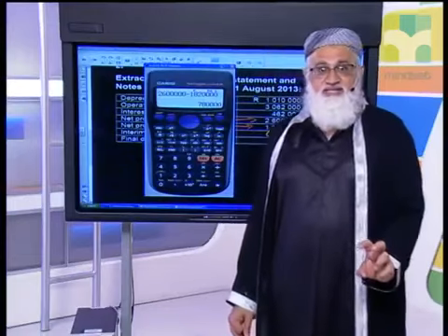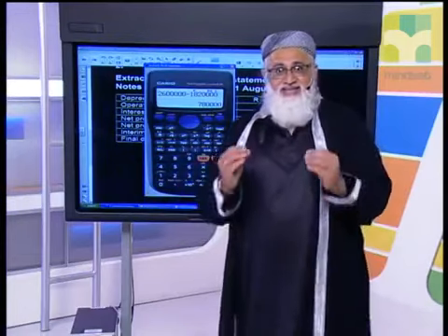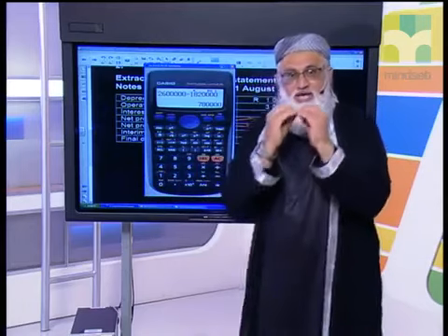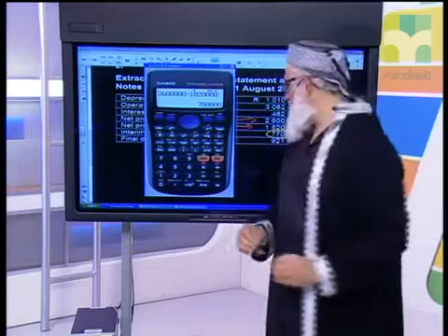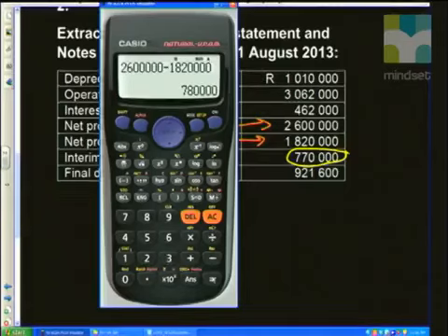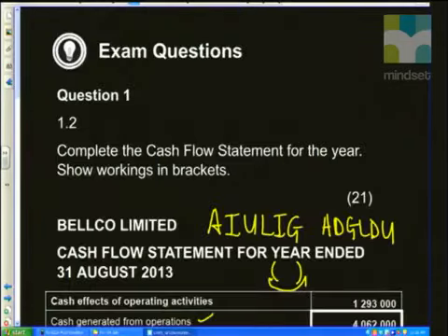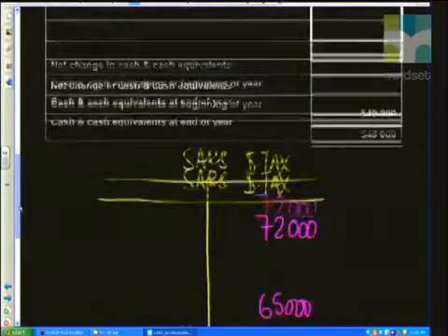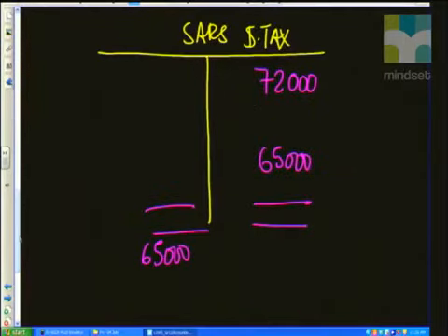What is the 780,000? Obviously, guys, that is the expense. Which expense? The expense income tax for the financial year. Okay, let's go and include that where we need to put it. 780,000. What was this? My income tax for the year.